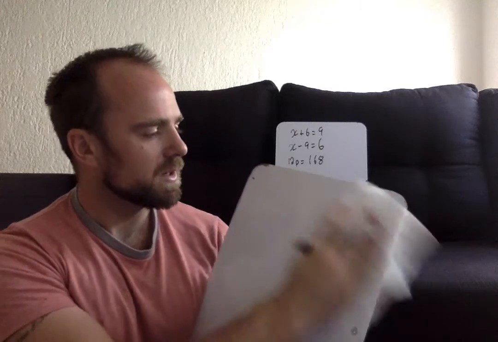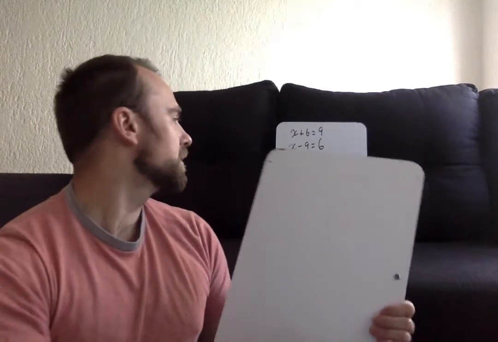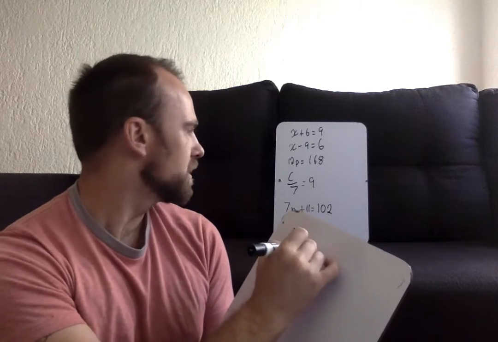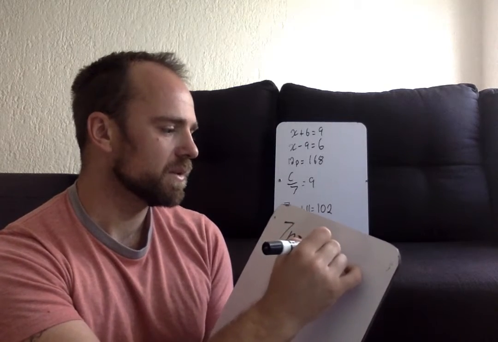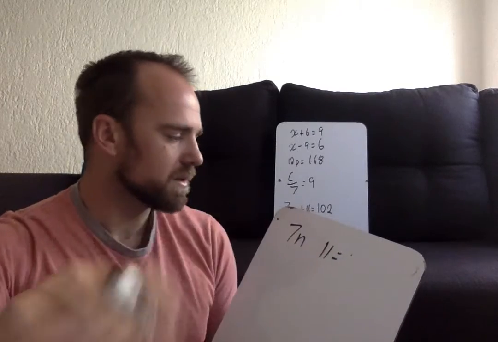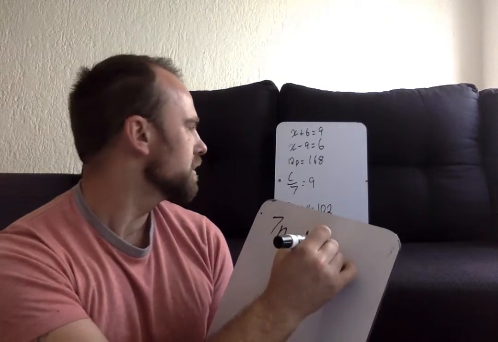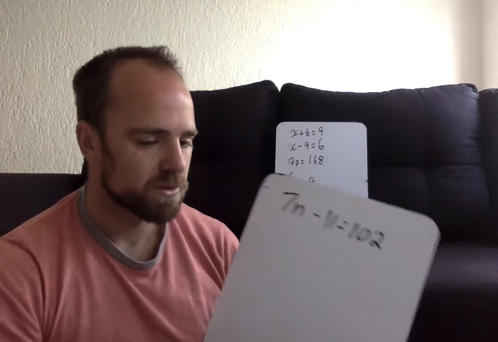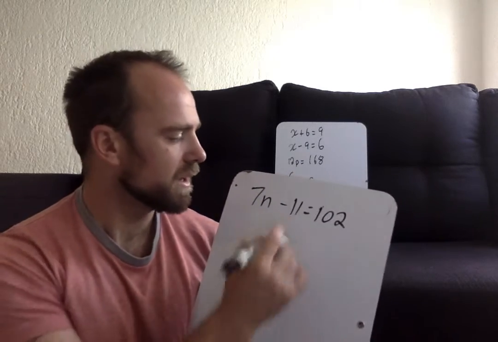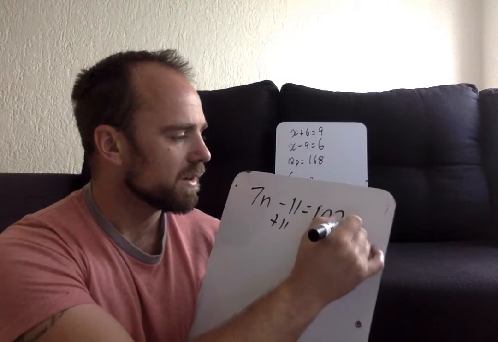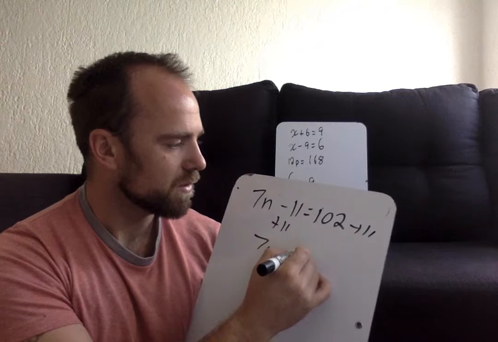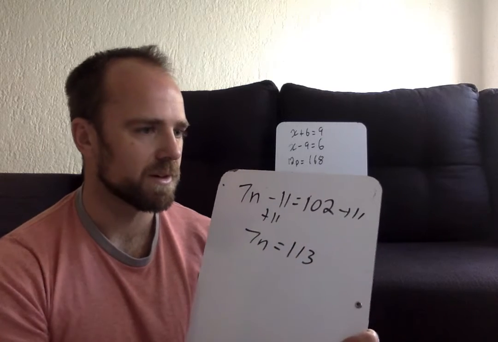The last one that we are going to do has multiple steps. So we have 7n minus 11 equals 102. So I have to do the opposite operation once again. So I go plus 11, plus 11. So now I have 7n equals 113.